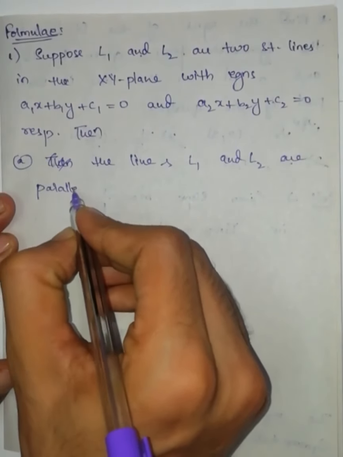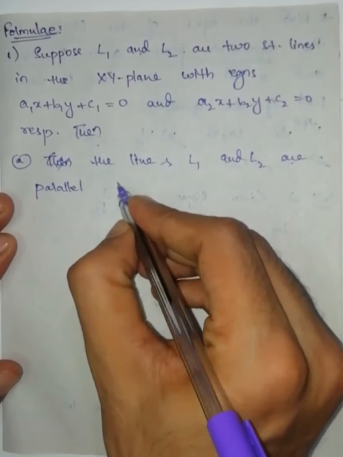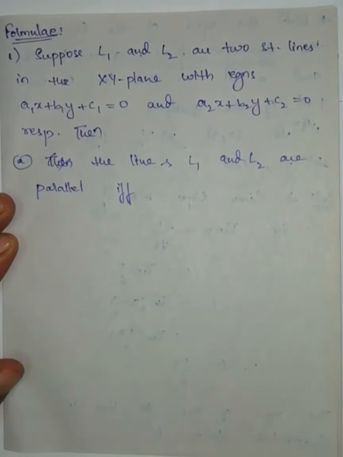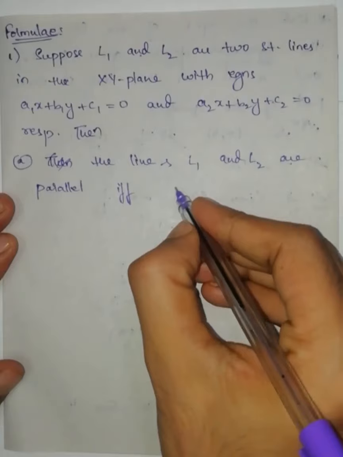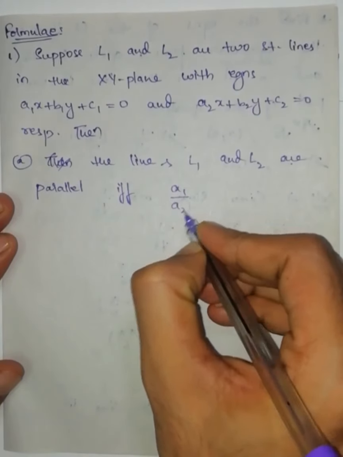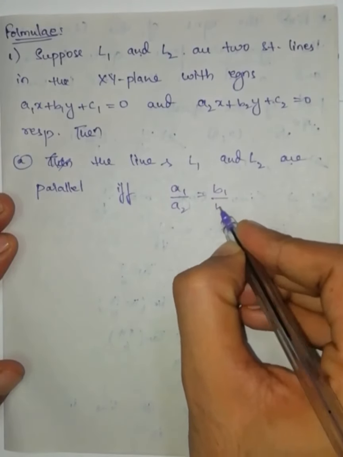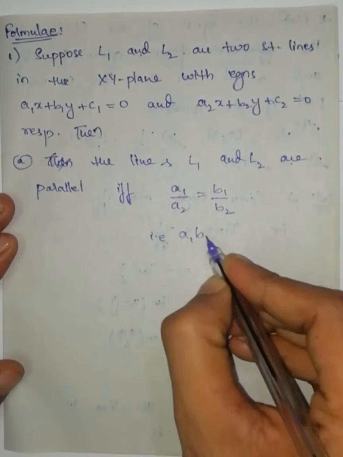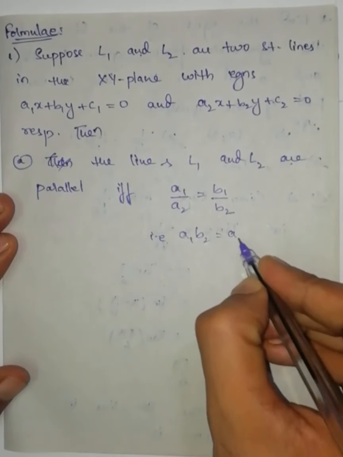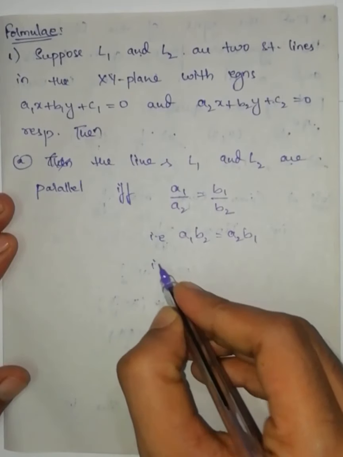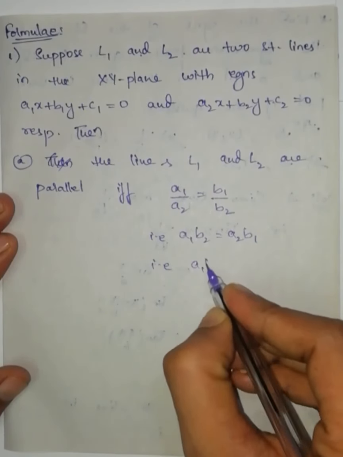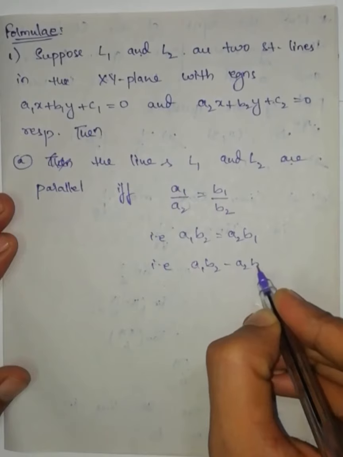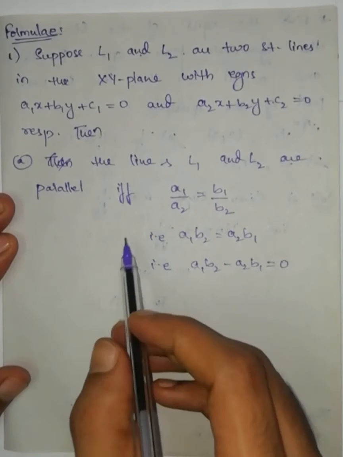L1 and L2 are parallel if and only if a1 by a2 is equal to b1 by b2. That is, a1 b2 is equal to a2 b1. That is, a1 b2 minus a2 b1 is equal to 0.